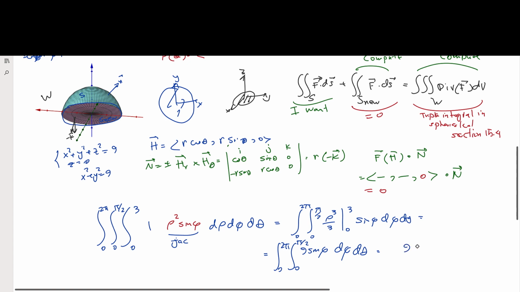That gives me negative 9 cosine of phi from 0 to pi half, and the integral from 0 to 2 pi d theta.